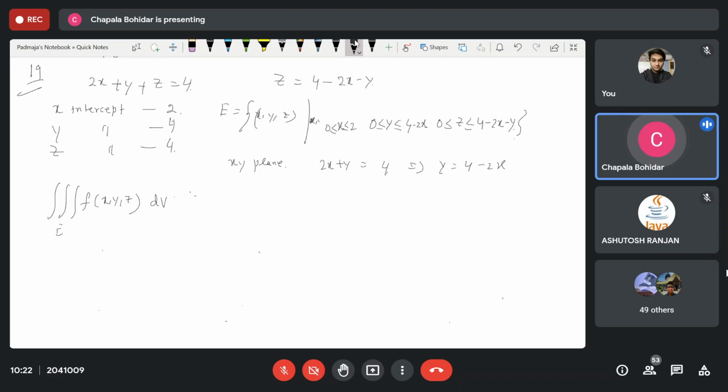Now to find the volume of the tetrahedron, the function is 1, and we put the limits: z rises from 0 to 4 minus 2x minus y, y from 0 to 4 minus 2x, and x from 0 to 2. We integrate dz, then dy, then dx.